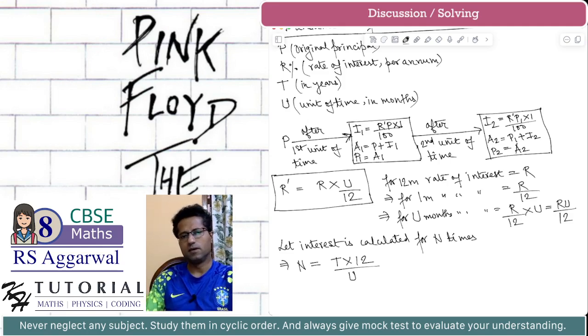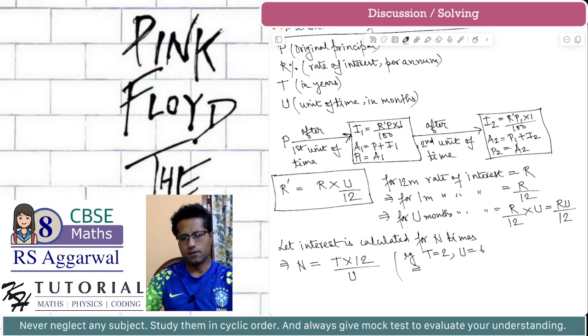For example, if T is 2 years and U is 6 months, so as an example, T is 2 and U is 6. U is 6 means 6 months.